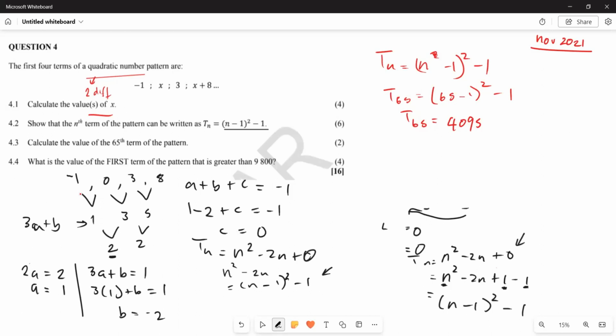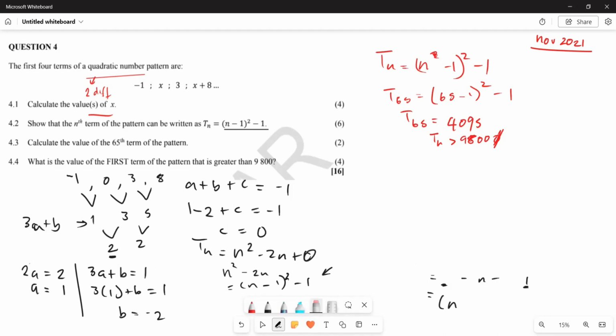And now if you are looking at this one, they say, what is the value of the first term of the pattern that will be greater than 9,800? So basically they are saying where your Tn is going to be greater than 9,800, right? Let's make up our space here and see what it is that you are going to do.